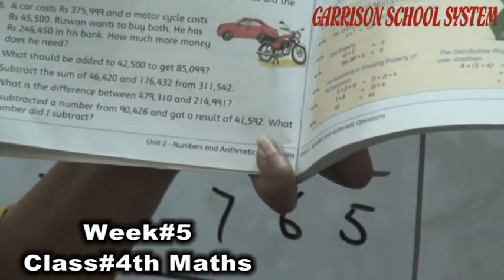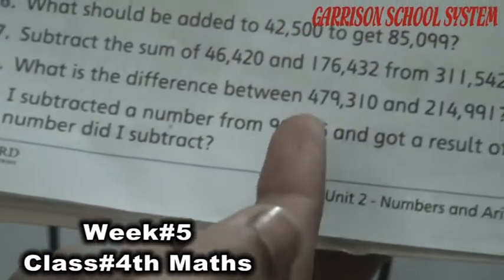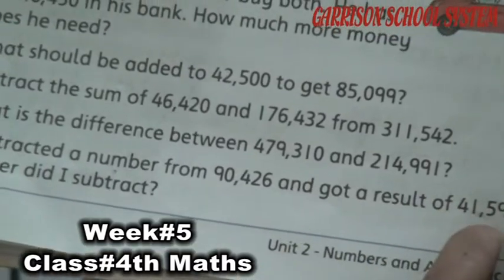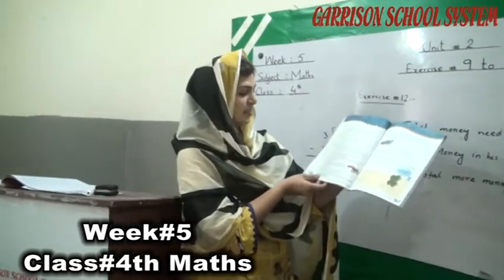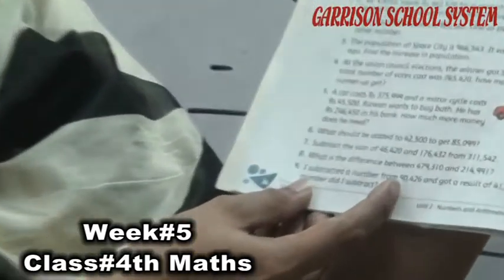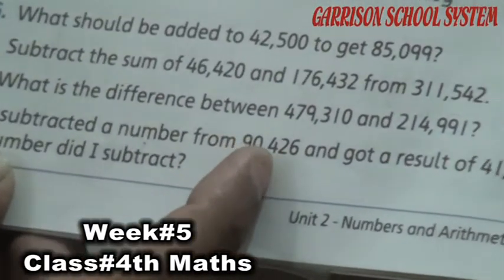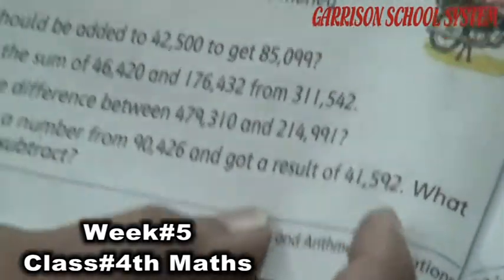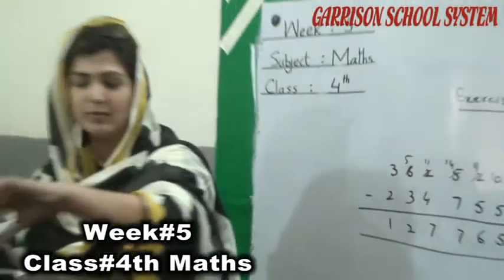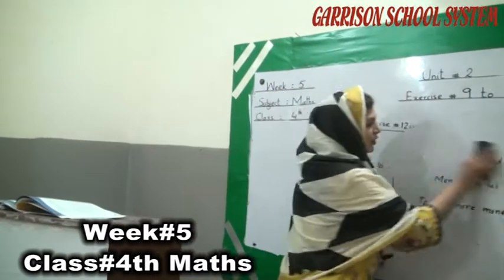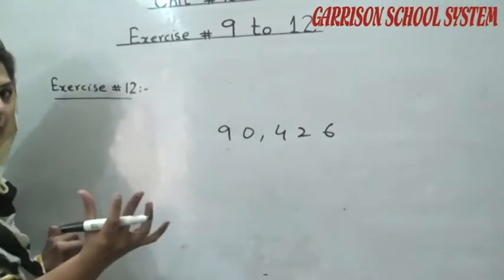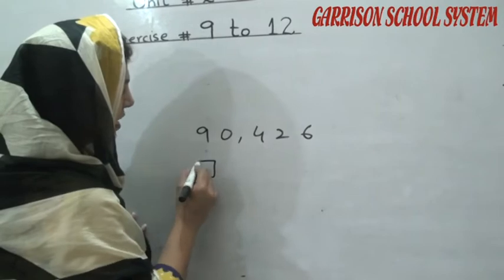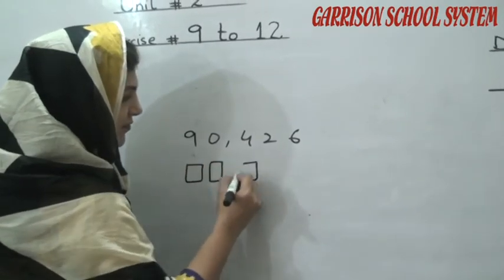Next question: I subtract a number from this and got a result of this. What number did I subtract? Friends, this is question number 9. I subtract a number from 90,426 and got a result. This question is the same as the one I am going to write here: 26, and I subtract a number. I don't know that number, so I can put a block here.